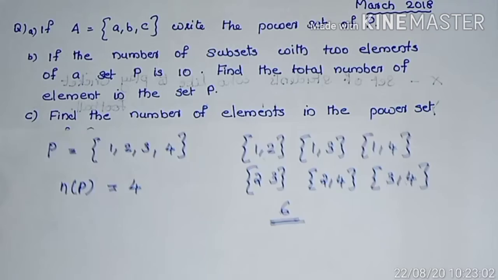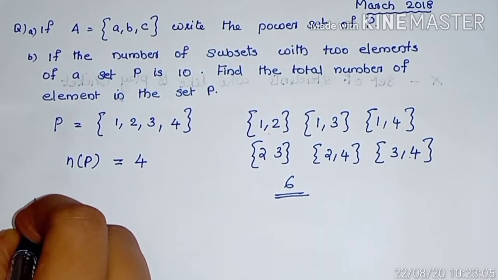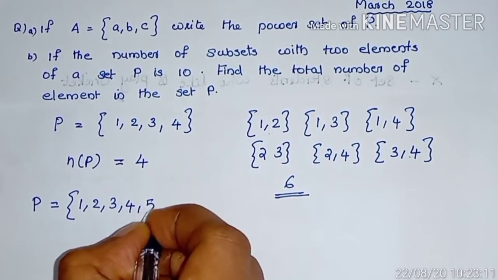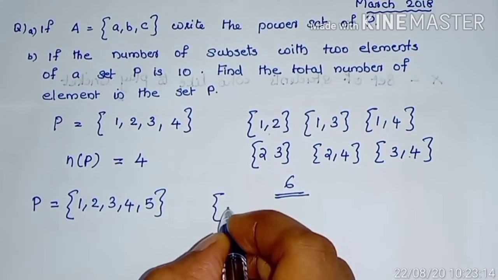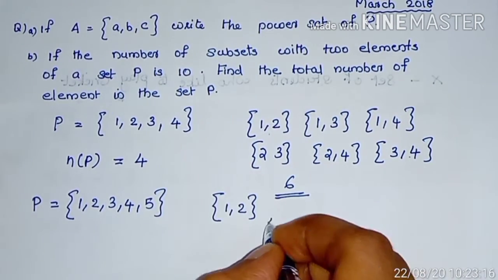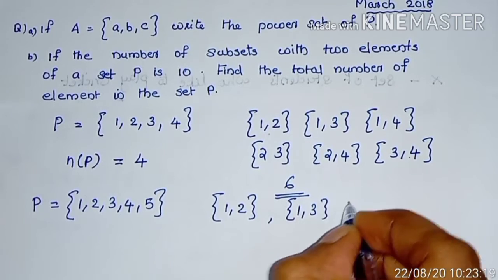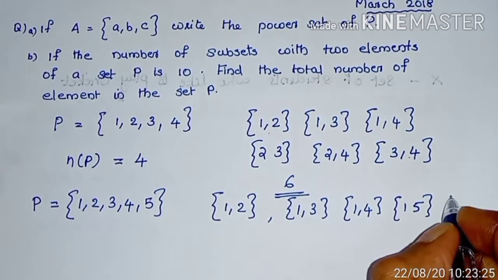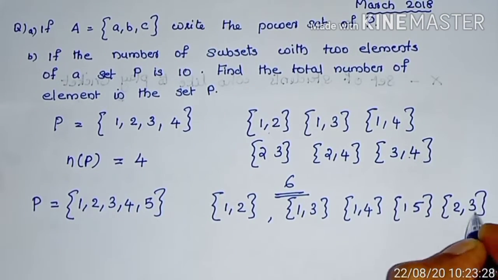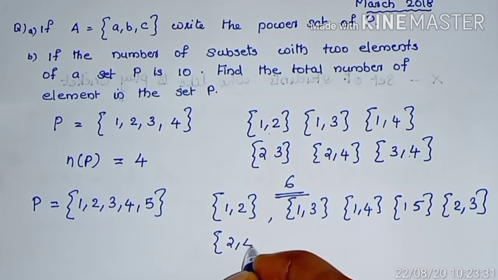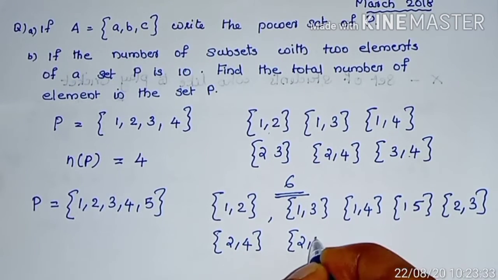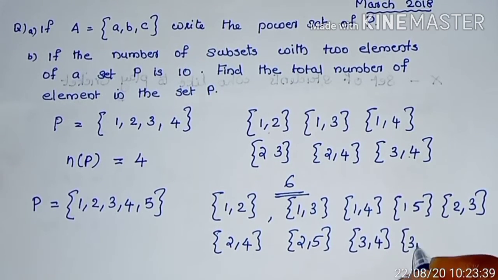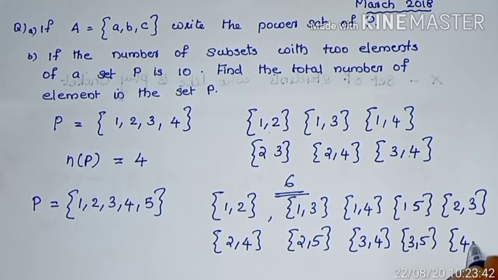Then take the other set. P equal to 5 elements: {1, 2, 3, 4, 5}. A 5 element set. Then write all the subsets with 2 elements. {1, 2}, {1, 3}, {1, 4}, {1, 5}, then {2, 3}, {2, 4}, {2, 5}, {3, 4}, {3, 5} and {4, 5}.